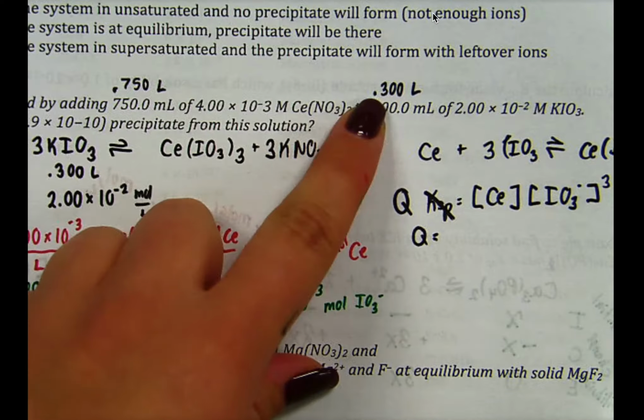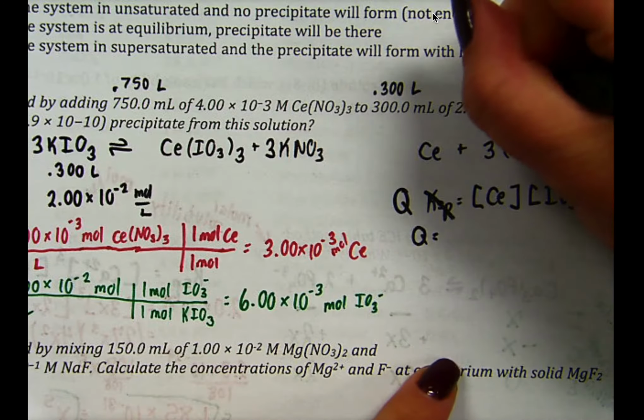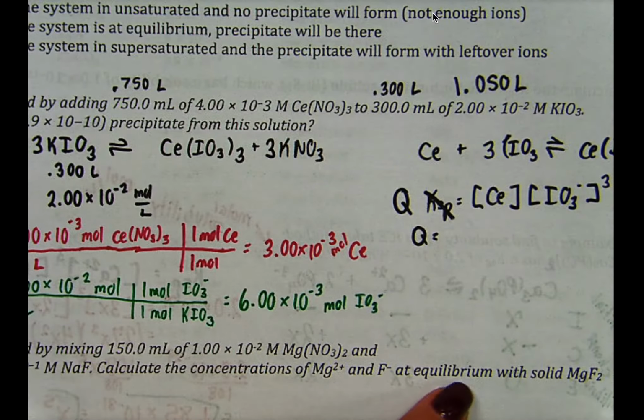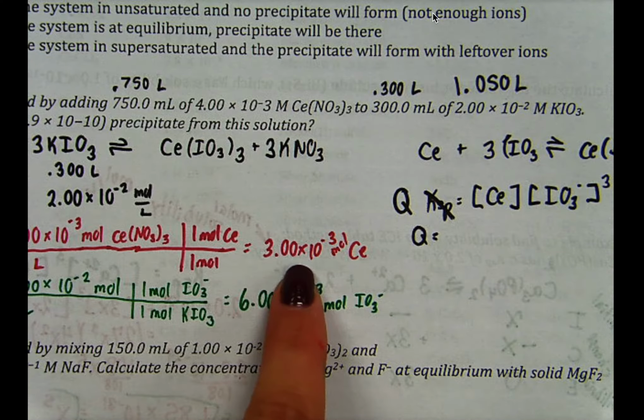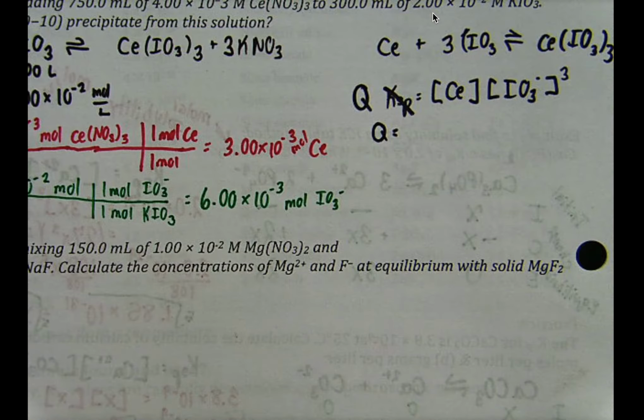So in our solution, we have 0.750 added to 0.300. So we do have 1.050 liters of our solution. So we need to remember to convert from moles to the molarity when plugging into our Q value.